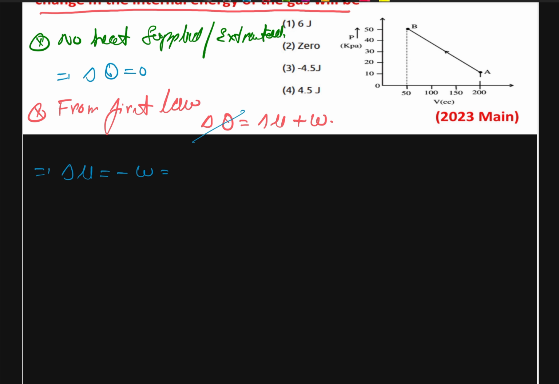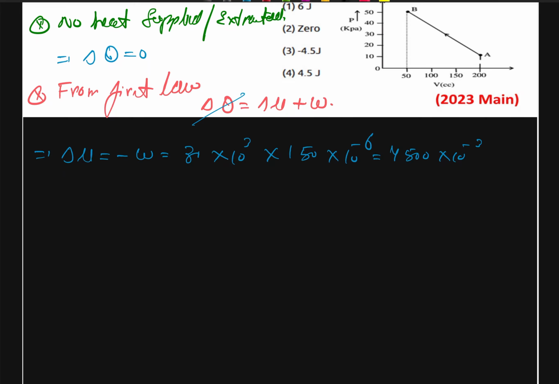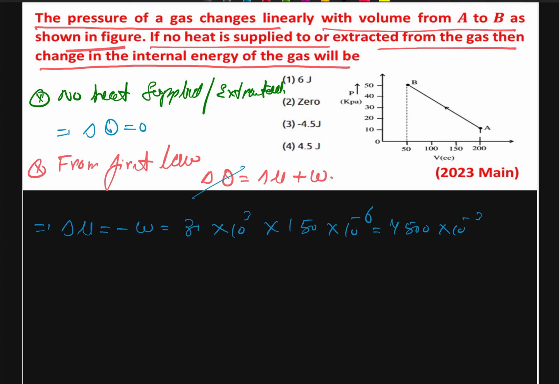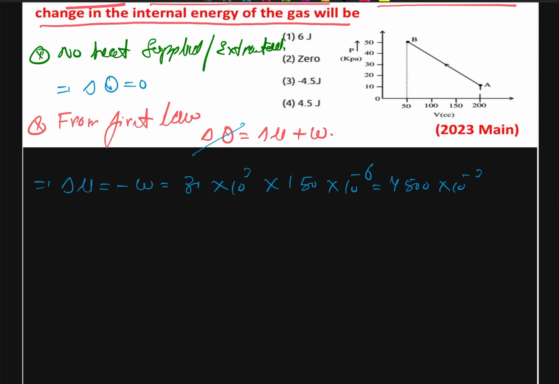W will be equal to, this is given in kilopascal, so this comes as 30 into 10 to the power 3 multiplied by 150 into 10 to the power minus 6, and this comes as 4500 into 10 to the power minus 3, so this can be written as 4.5 joules. So option 4 is correct.